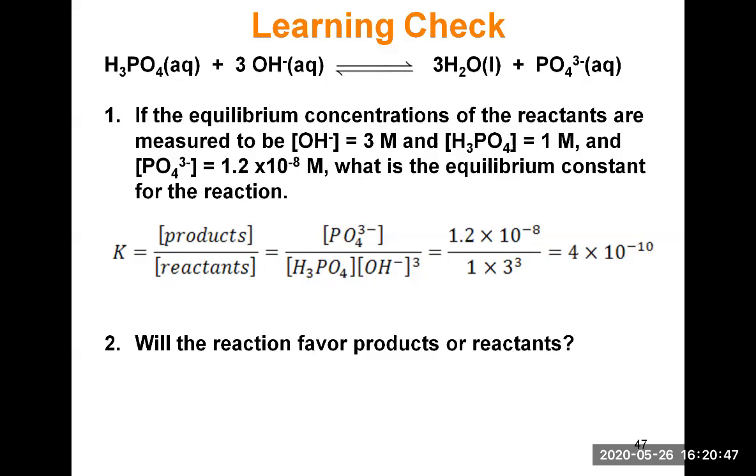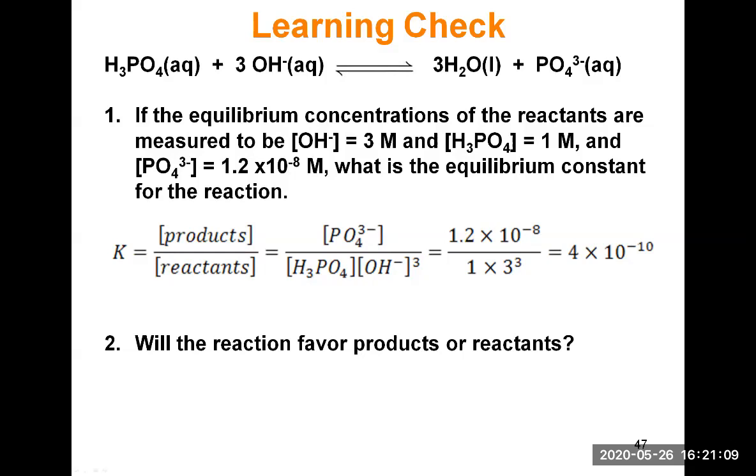And the answer is 4.444, many fours after that, times 10 to the negative 10. Don't forget to watch for scientific notation here. So times 10 to the negative 10. And remember how K has no units, so there are no units here.